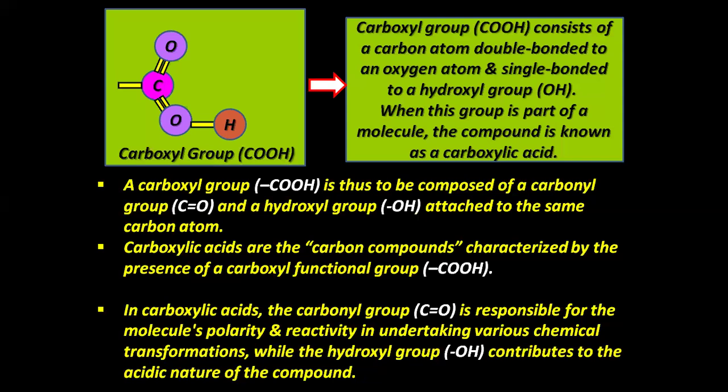When this group is part of a molecule, the compound is known as a carboxylic acid. A carboxyl group COOH is thus composed of a carbonyl group and a hydroxyl group attached to the same carbon atom.